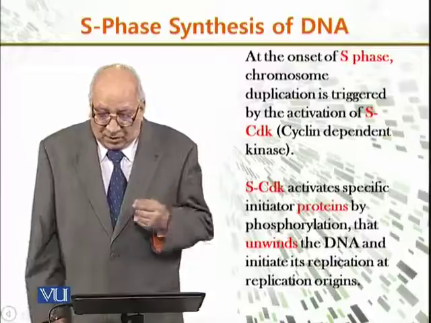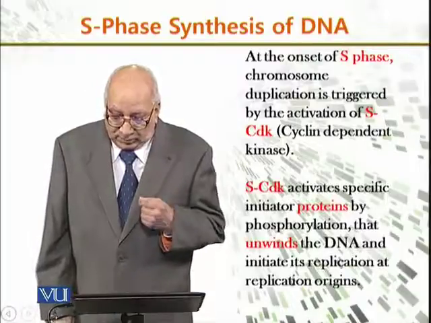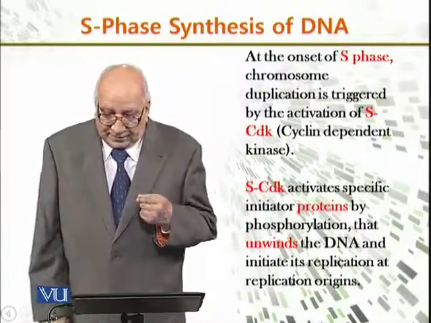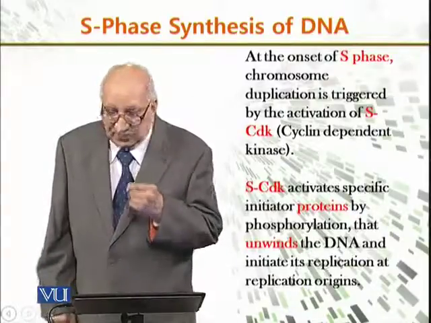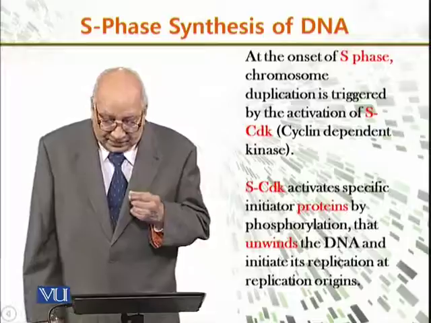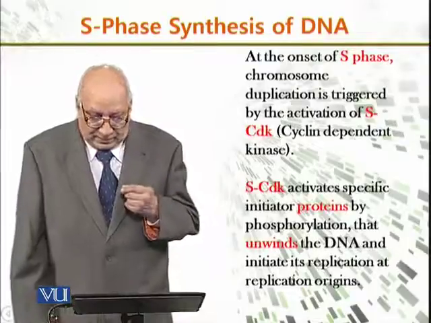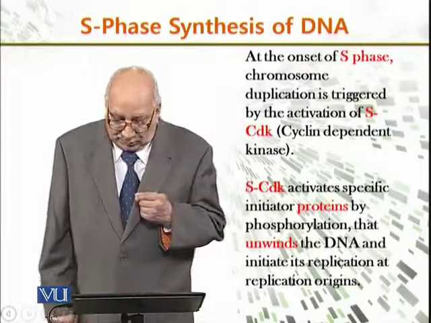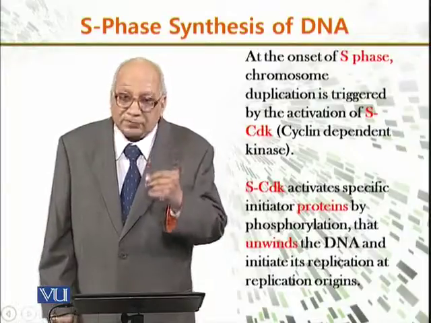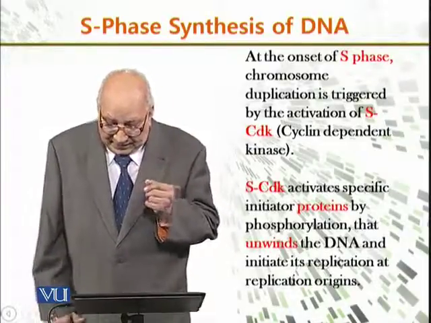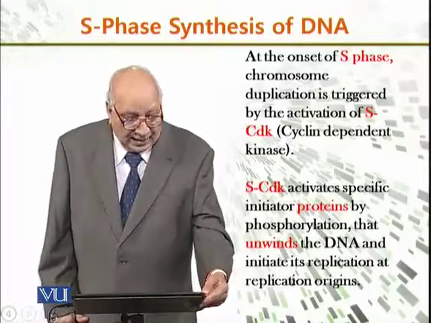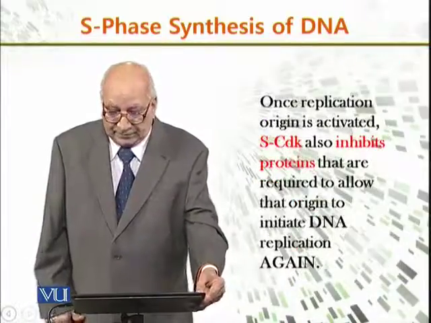At the onset of S phase, chromosome duplication is triggered by the activation of S-CDK, that is the cyclin-dependent kinase. S-CDK activates specific initiator proteins by phosphorylation that unwind the DNA and initiate its replication at the replication origin.